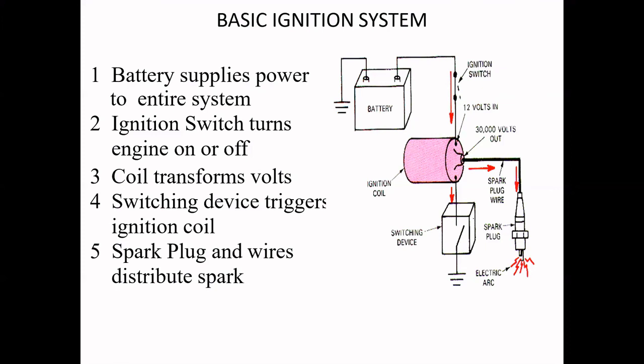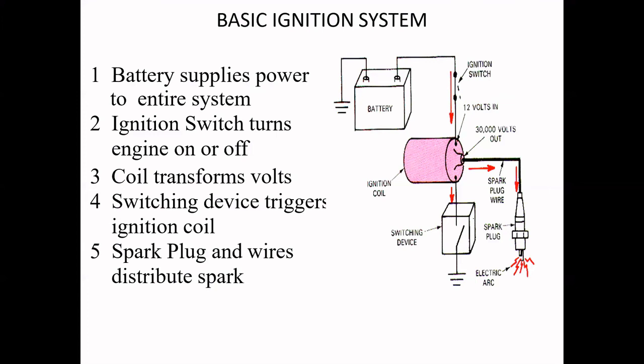Okay. And one more thing here, you can see the switching device. Switching device triggers the ignition coil. See how it triggers. Once the power is given from the battery to the ignition coil as input, low voltage, a magnetic field is produced there. By switching on this contact breaker of the switching device, the power again goes back to the battery.